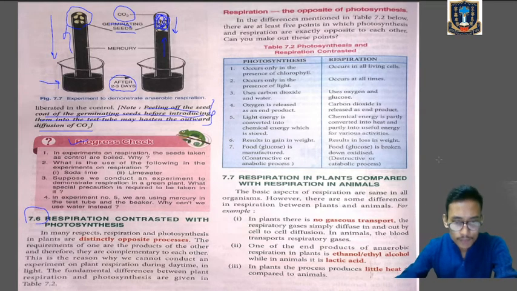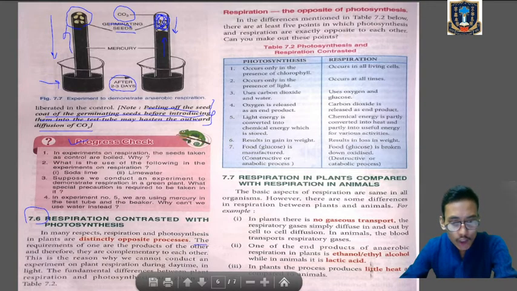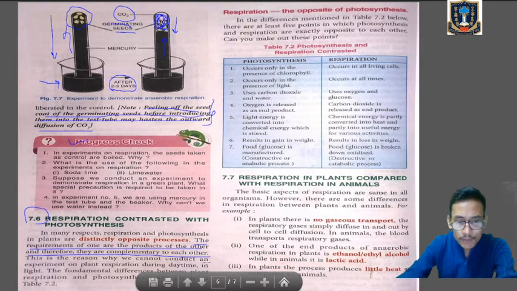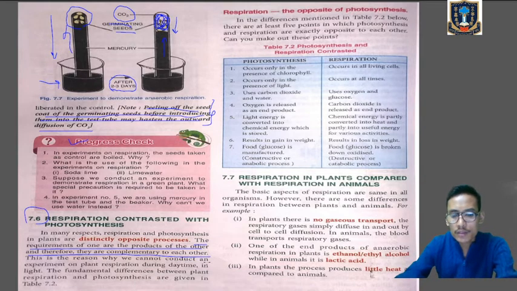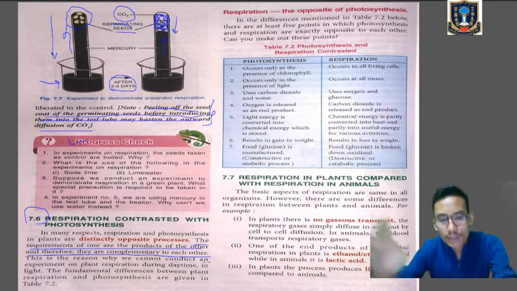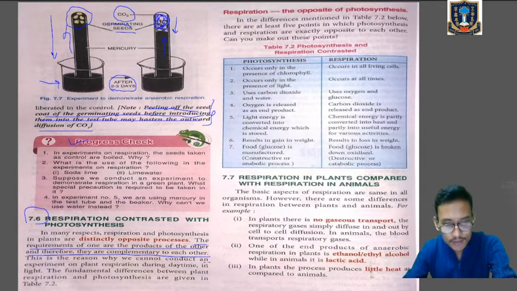Why? Look over here. The requirement of one is the product of the other, and therefore they are complementary to each other. That means the end product of one process is the requirement for the other process, that we will discuss.